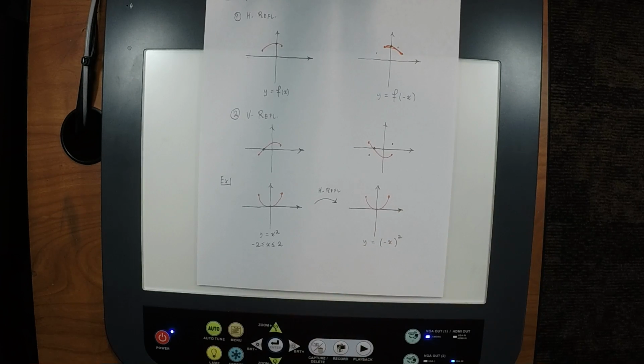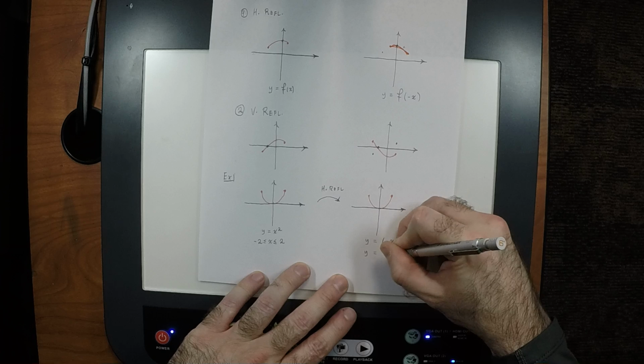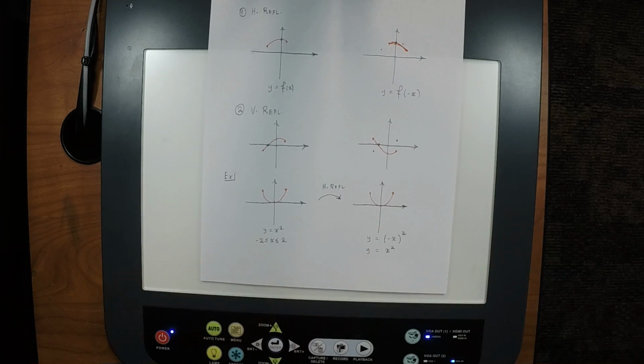And wait, can I algebraically simplify that? Does that simplify somehow? Yeah, sure. How does it simplify? The negative squares away, right? So this is just equal to y is x squared. But wait a second, that's the same equation that we started with.